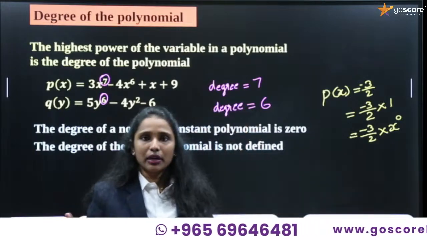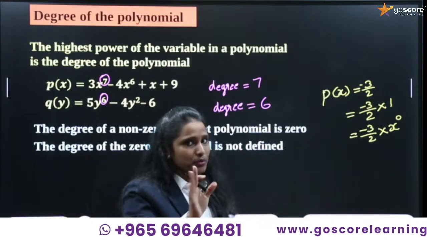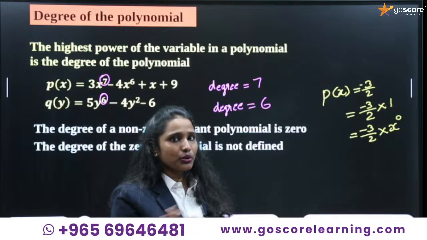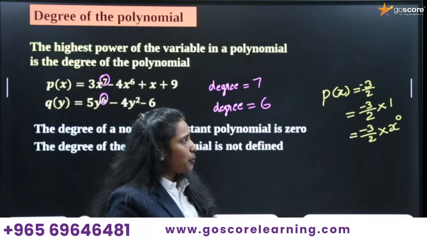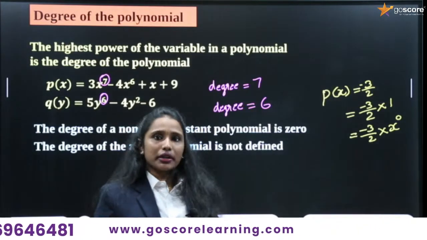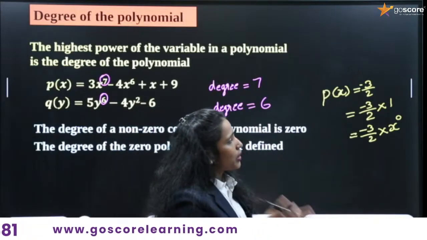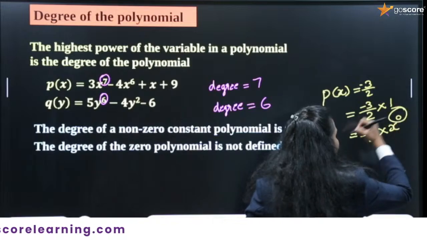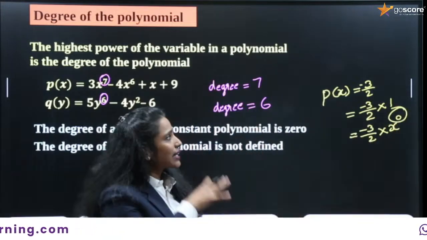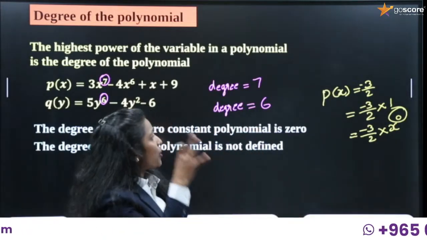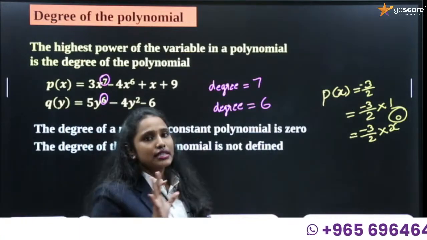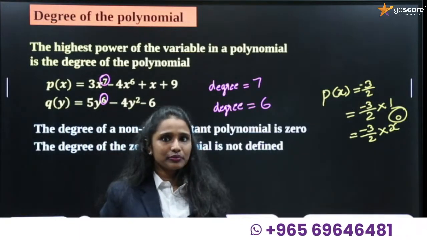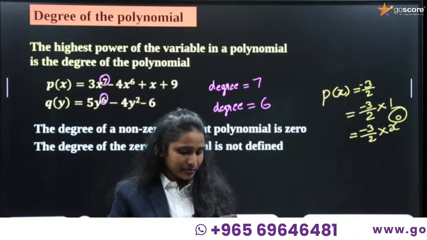Whichever number power 0 is 1, except 0. We don't count 0 in this. So, we can transform this 1 into x raised to 0. From there, we get the degree. So, degree of a non-zero constant polynomial is 0. Clear now?